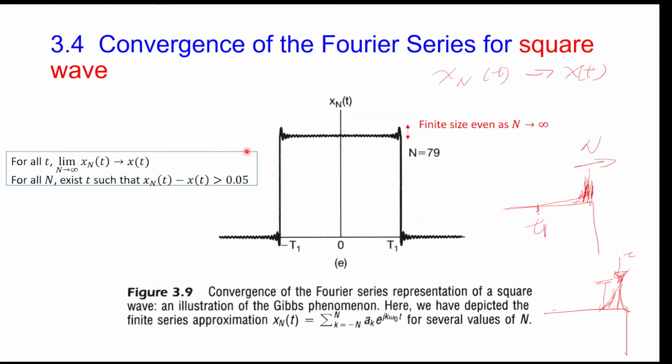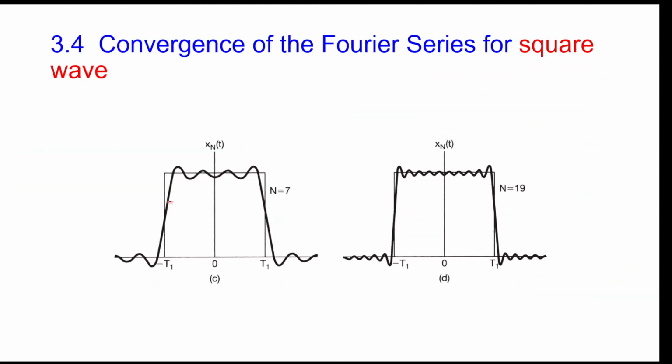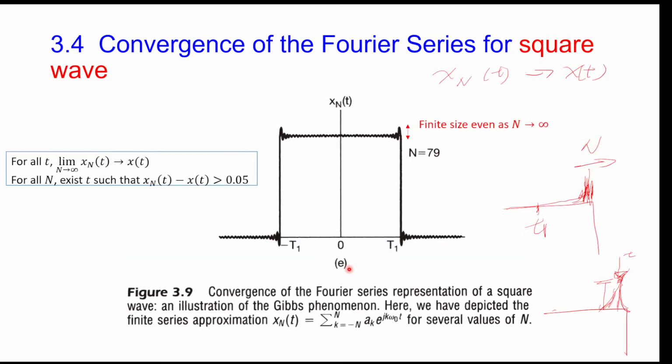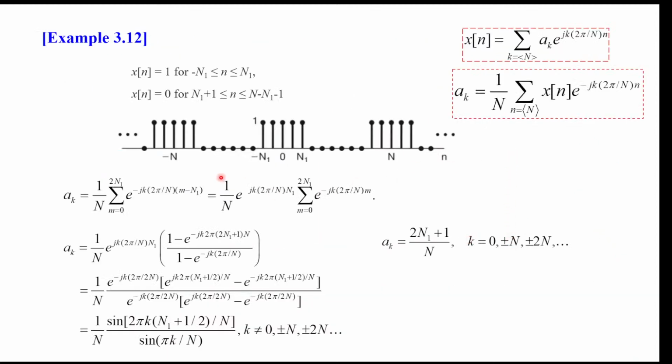In the continuous-time case, when we try to approximate the block wave signal, we see that summing back we get this weird Gibbs effect ripple. But in the discrete-time case, we are going to see that there will be no convergence issue. So we can calculate ak, but now we do it by brute force calculation here.